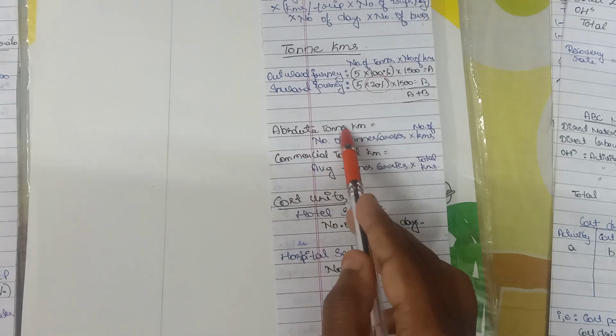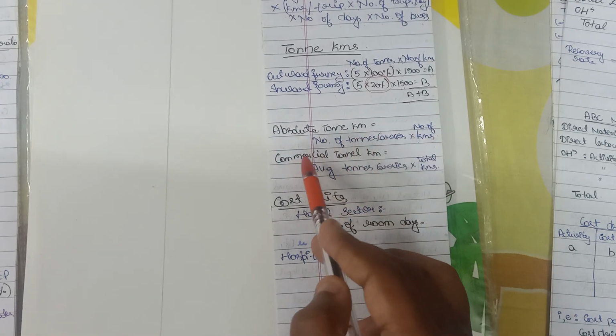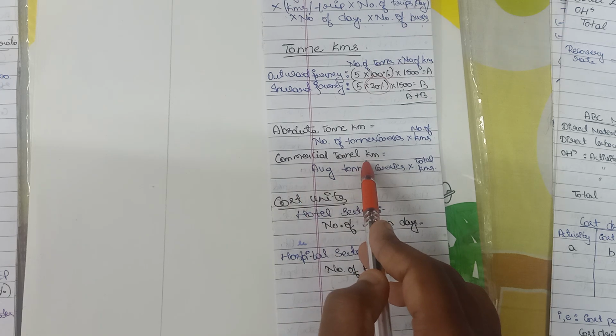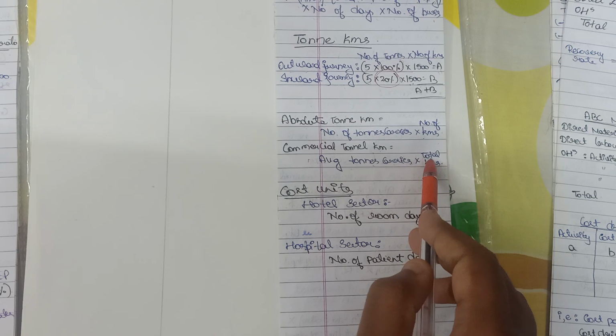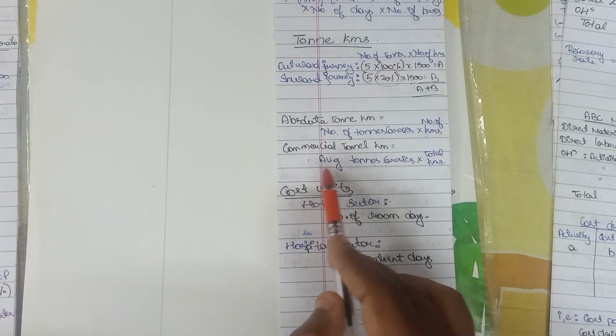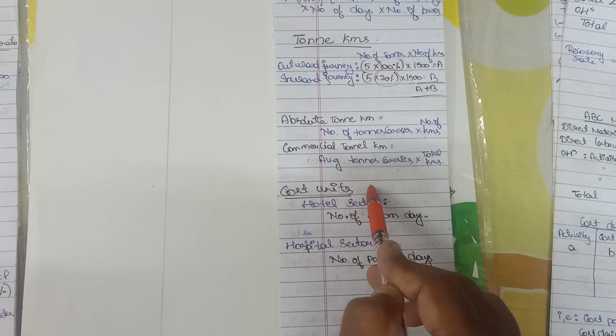While calculating absolute ton kilometers: number of tons carried into number of kilometers. For commercial ton kilometers: average tons carried into total kilometers. We know about average, right? Opening plus closing divided by 2.